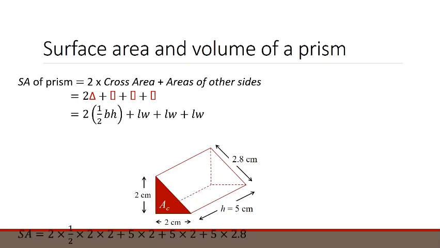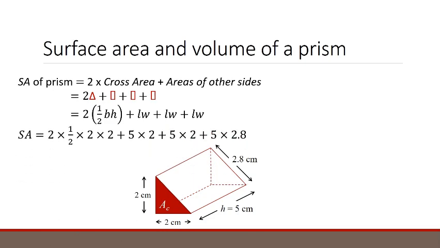And we'll substitute the numbers that are there. So for the triangle, the base is 2 centimeters, the height is 2 centimeters. So it's 2 times a half times 2 times 2, plus the bottom rectangle is 5 centimeters times 2 centimeters.